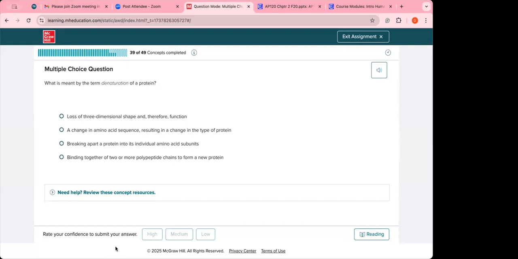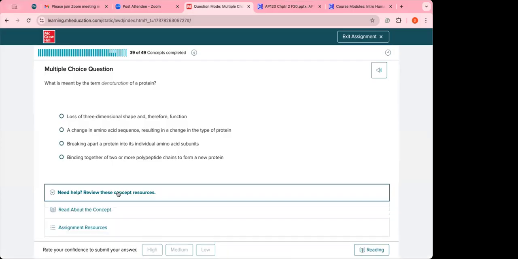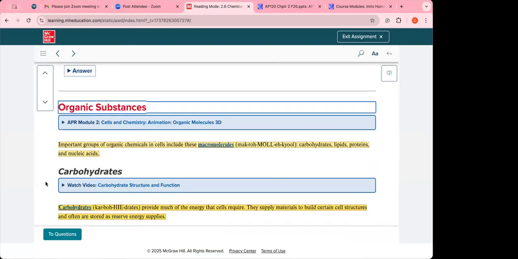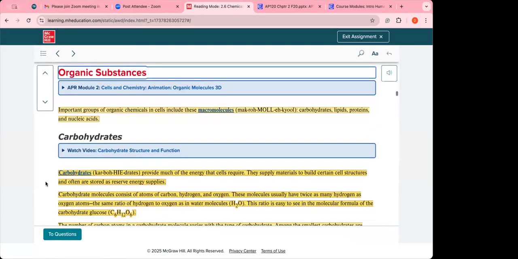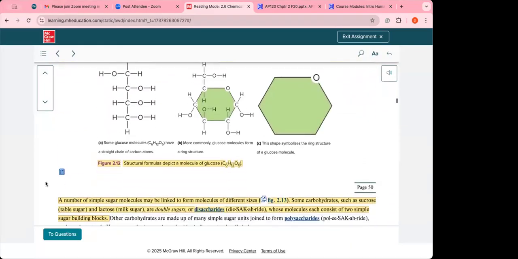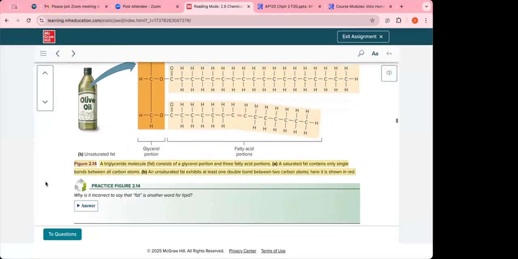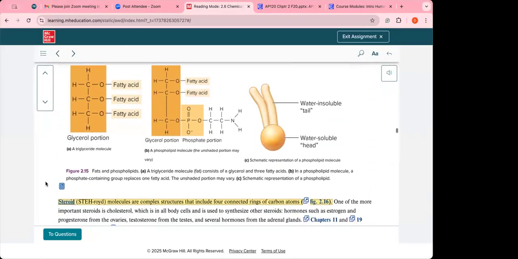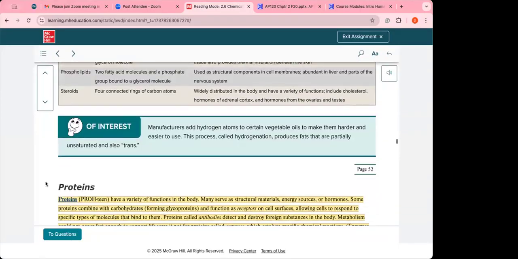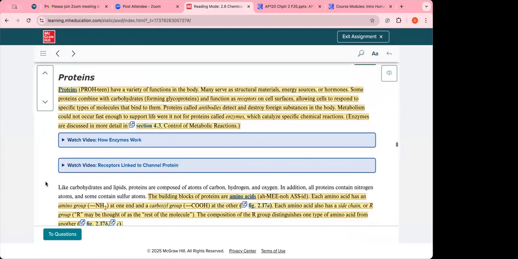What happens when you denature a protein? Okay, go to proteins.